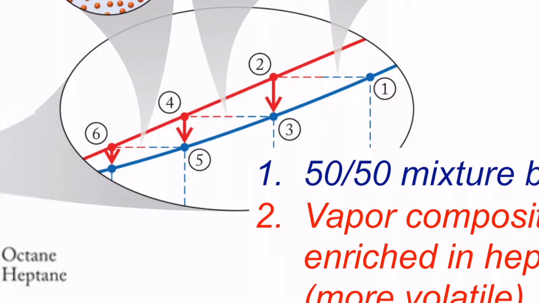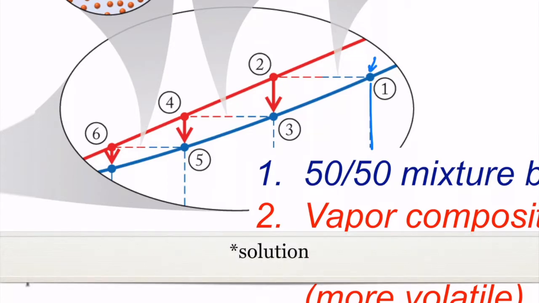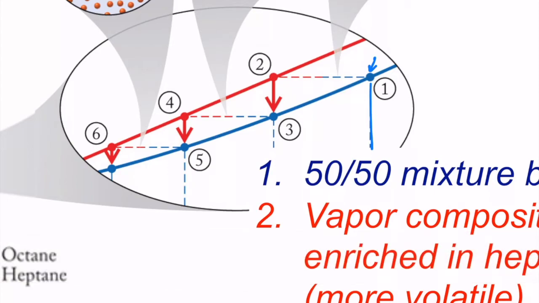So this little graph here is showing you the dotted line that you could also see on the large graph. This one here is showing you the composition of the solution, right? So this point represents the liquid because it's blue. So a 50-50 mixture, and when it boils, the liquid has a composition of 50-50, but this over here to the left is showing what the composition would be of the vapor.